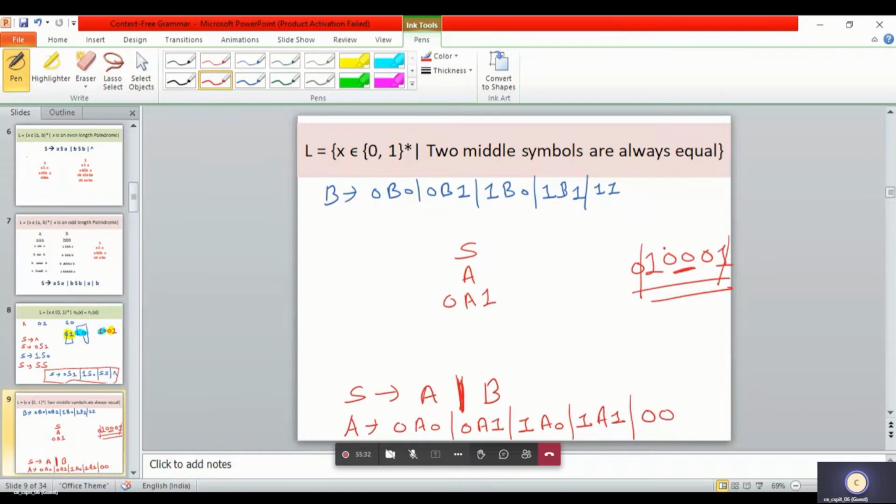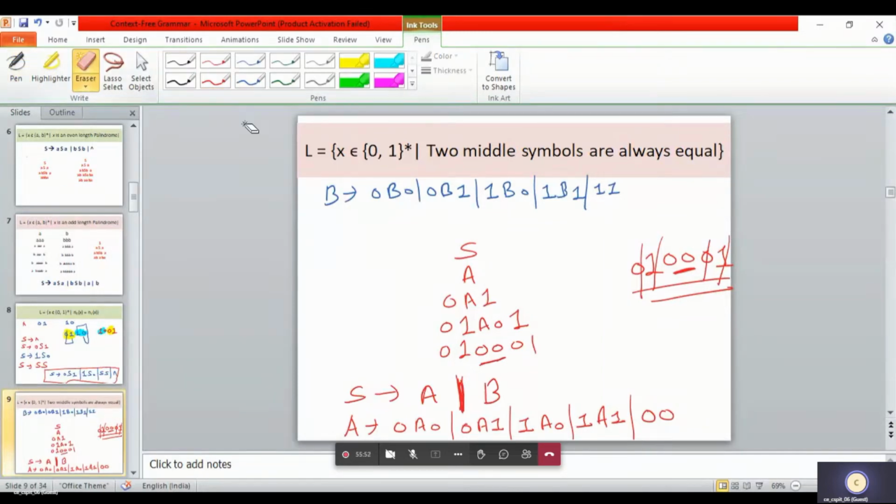Now I will replace this for 1 and 0. To get this 1 and 0, I will replace this A with 1, A, 0, 1. And at last, I will put 0, 0 to get two middle symbols equal. So this is how we are able to derive the string.